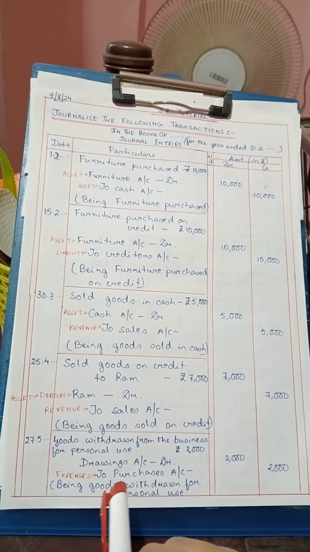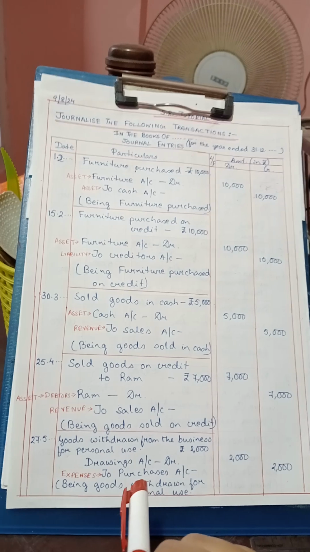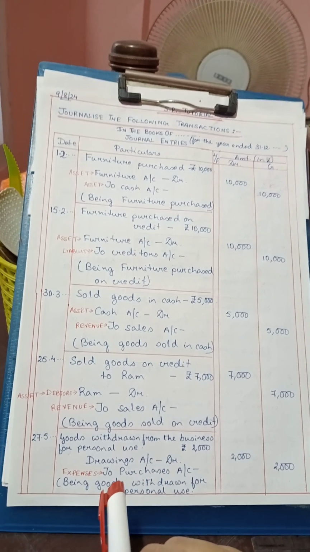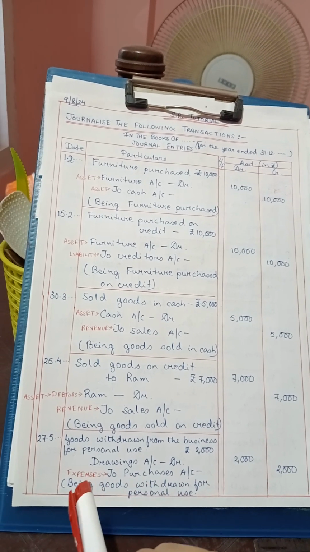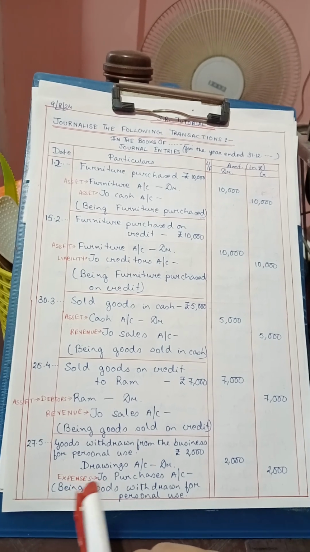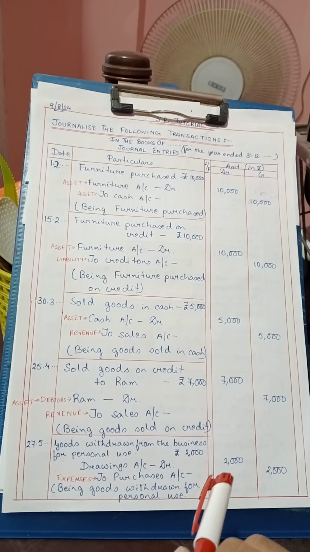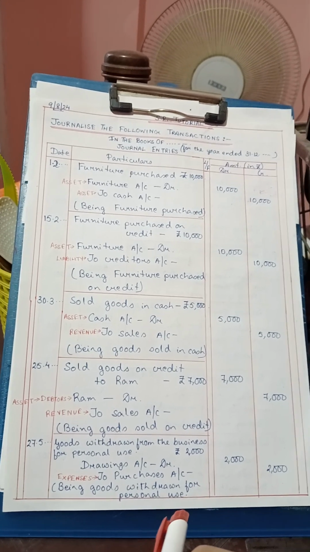And at the same time purchases go down. Goods brought into the business have been taken out, so purchases get decreased. Purchase is an expense account. When an expense decreases, it should be credited. So to purchases account credited 2000, 2000, being goods withdrawn for personal use.